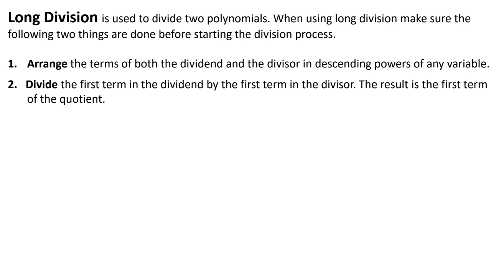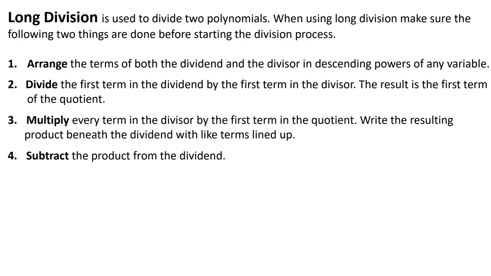The other thing that we need to keep in mind is that the term that we're going to be dividing into our dividend is called our divisor, and the result when we do the division, the answer, is called the quotient. Okay, so these are just some basic terminologies.